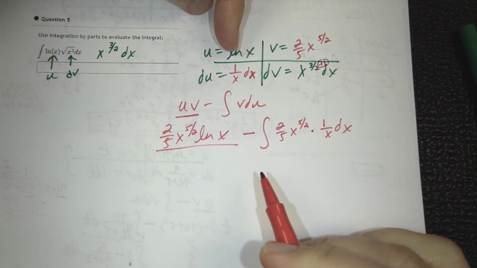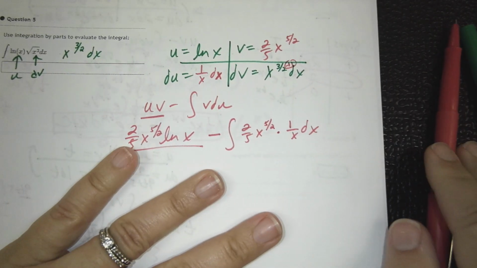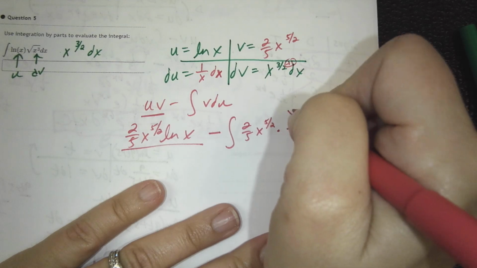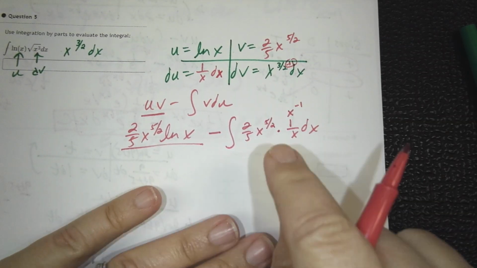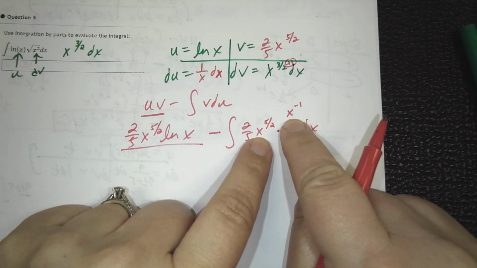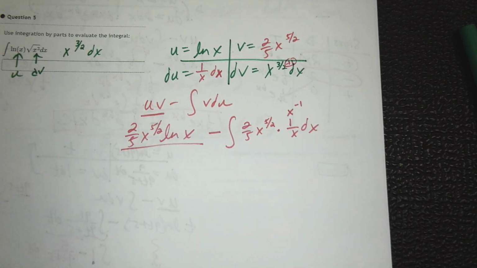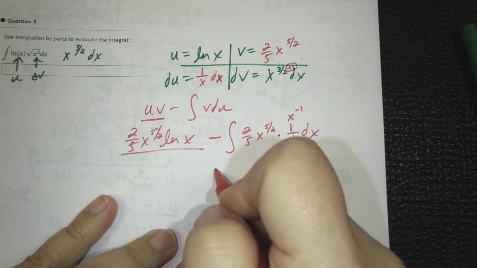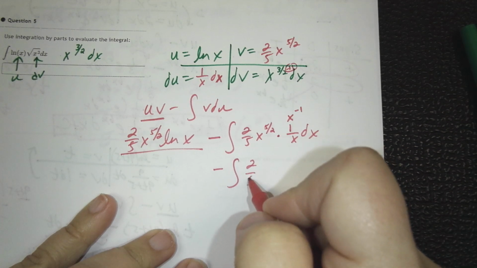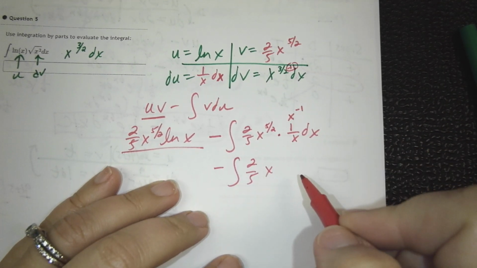Did you all see that, right? But isn't 1 over x the same as saying x to the -1? And don't I have two like powers here that I'm multiplying, which means what can I do to the exponents? I can add them, which was just subtraction. So this is really the integral of 2/5 x to the, is that 3/2?